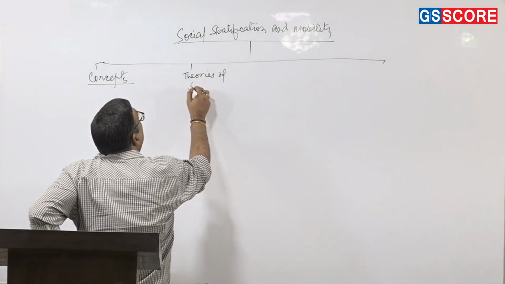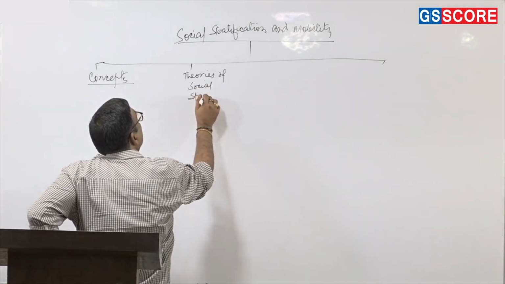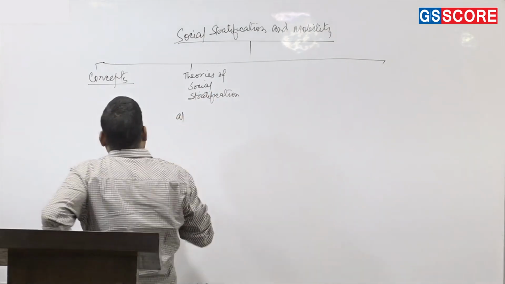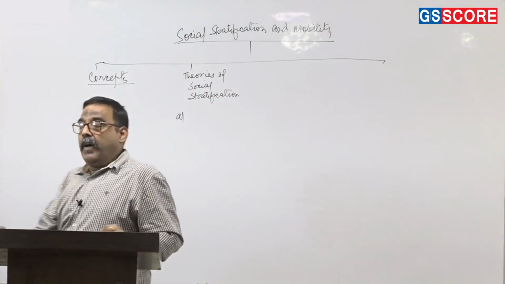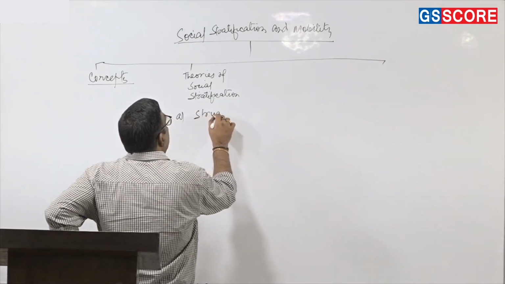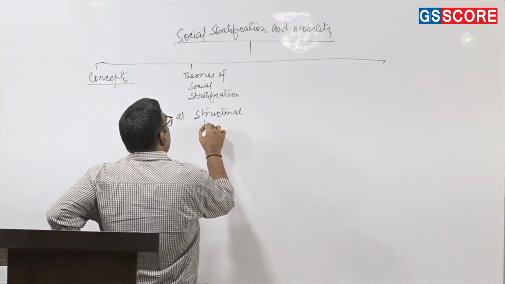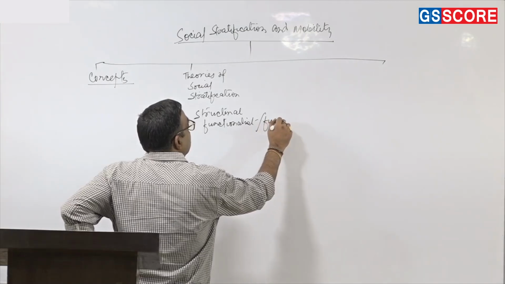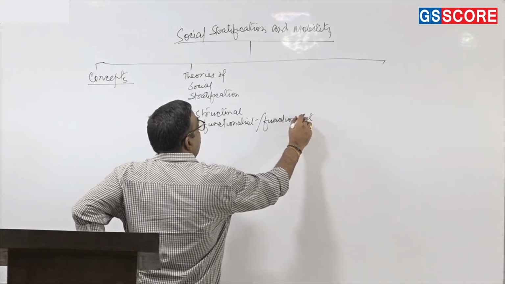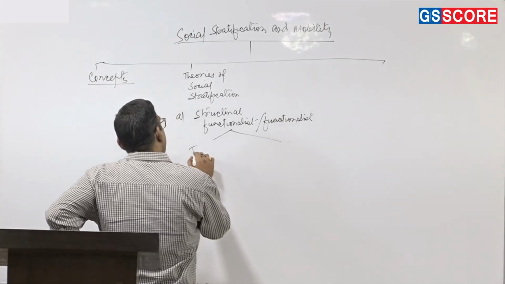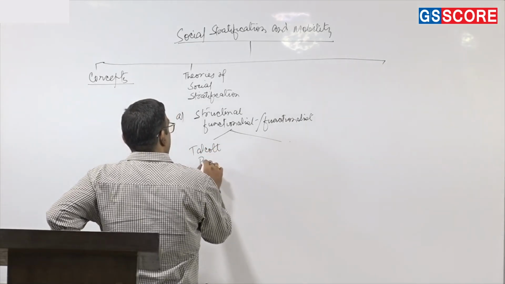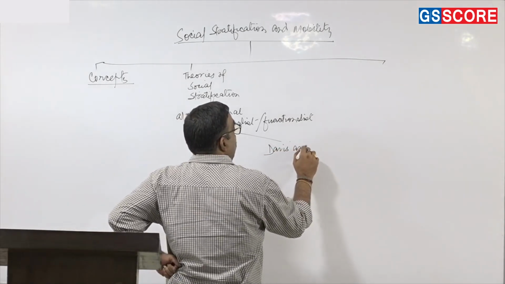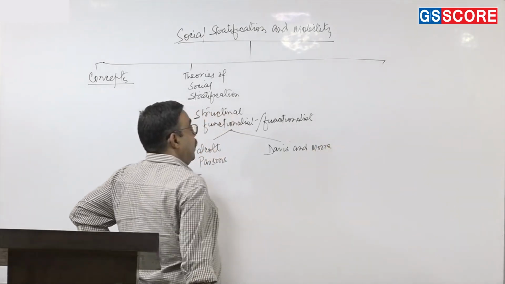theories of social stratification, in which you will be finding first the structural functionalist or functionalist analysis, in which the two scholars Davis and Moore.